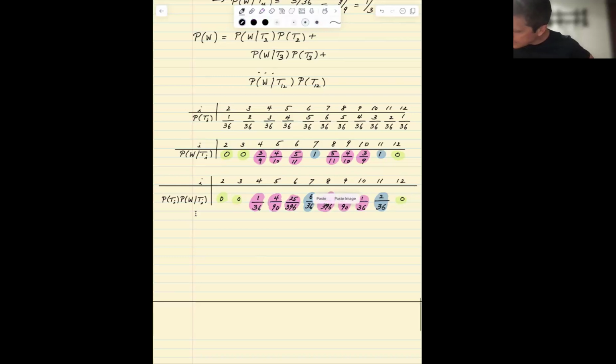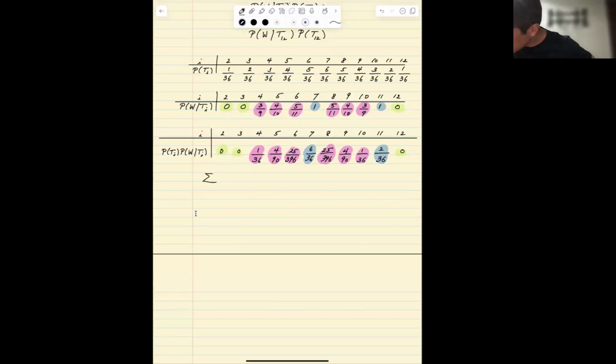We add these up. And what do we get? If we add these up, my number is about 0.493.